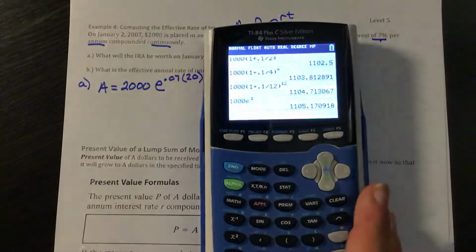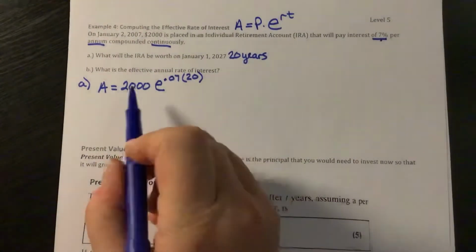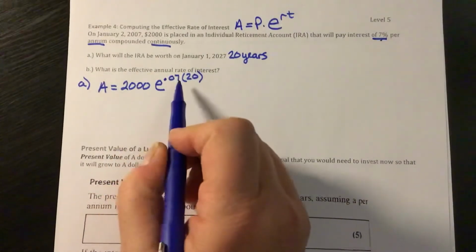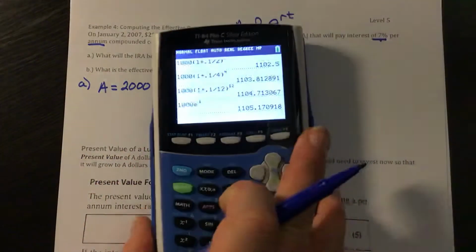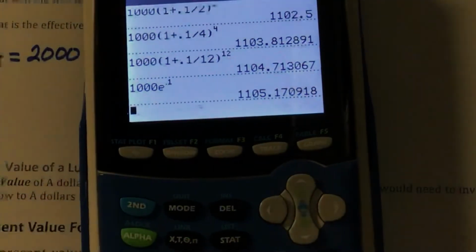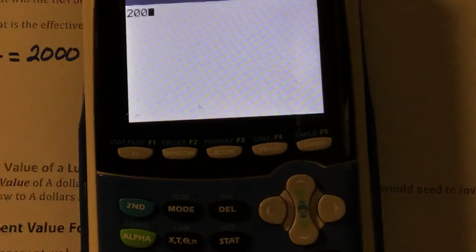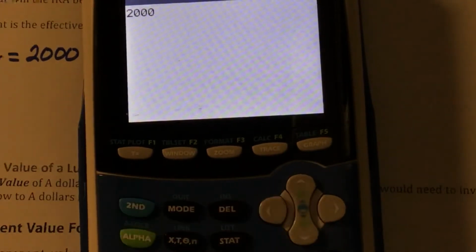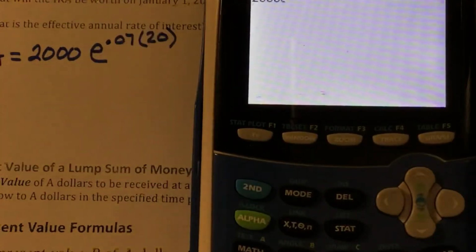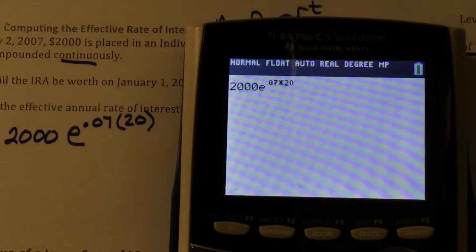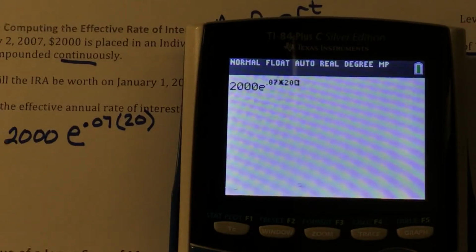And after doing those calculations, 2,000 times E to the point, and I'm going to do this here so I can show you. I have 2,000, and then I'm going to do times E. I can do the calculation right in the exponent. So I have 0.07 times 20, and whoops, that value just stayed in the exponent.